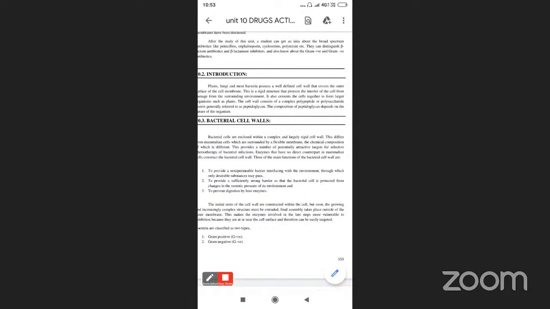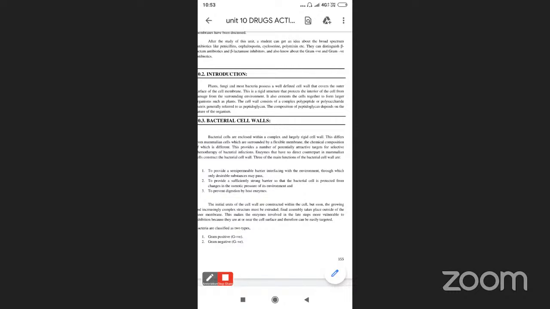It means it has resistance to that climatic change. For example, we have different seasons like winter, summer, and rainy. So these are different seasons.